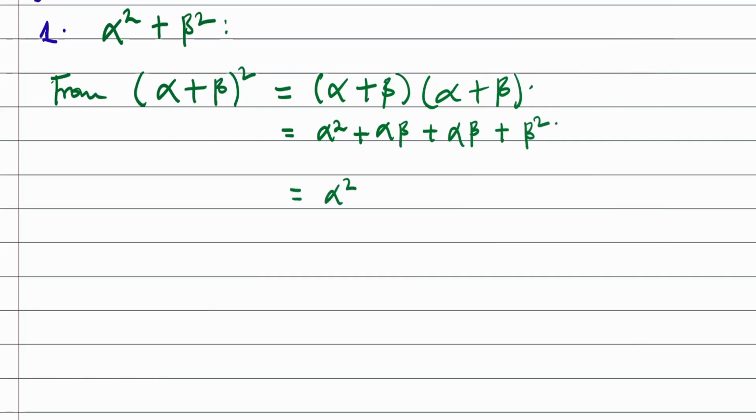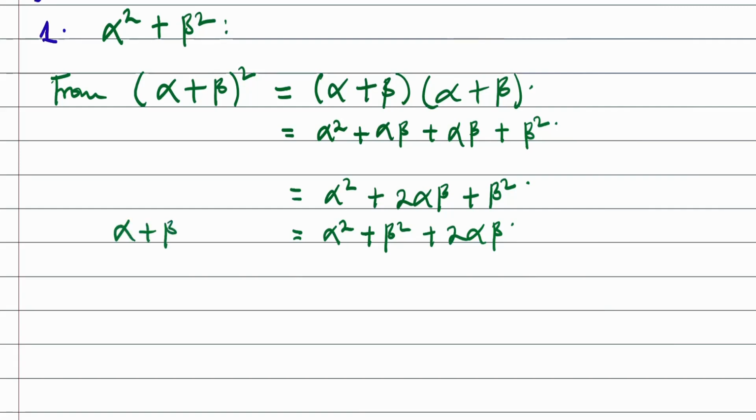So this is the same as alpha squared plus 2 alpha beta plus beta squared. So we are having alpha squared plus beta squared plus 2 alpha beta, but this is equal to alpha plus beta, the whole of it squared.